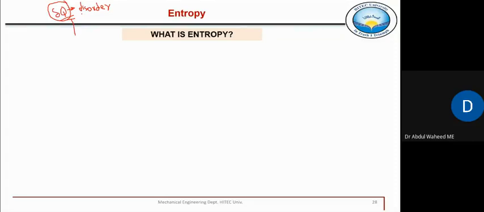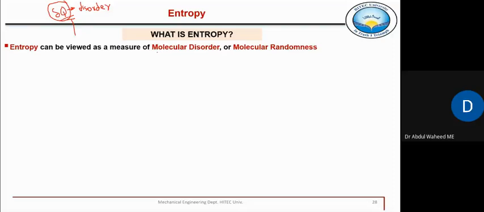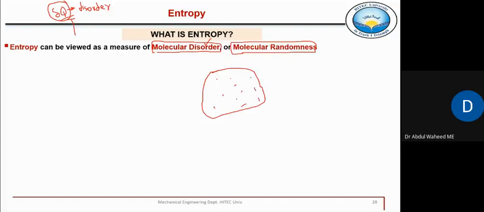So entropy can be taken as a measure of molecular disorder or molecular randomness. As the system becomes more disordered, for example, say our system consists of a large number of molecules, which are continuously moving around in every direction.